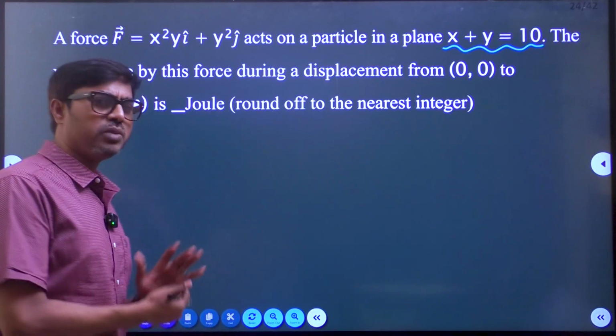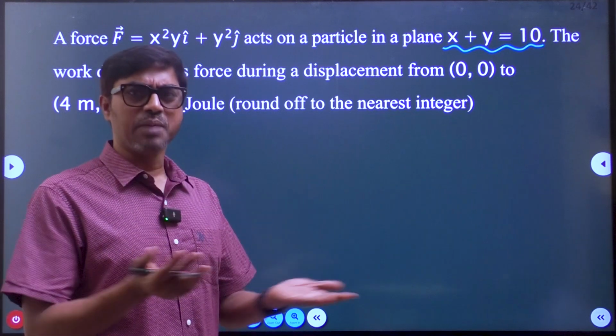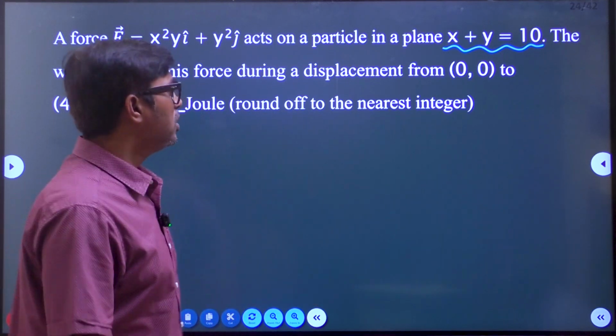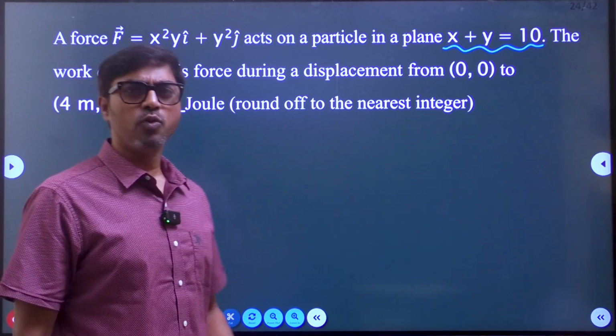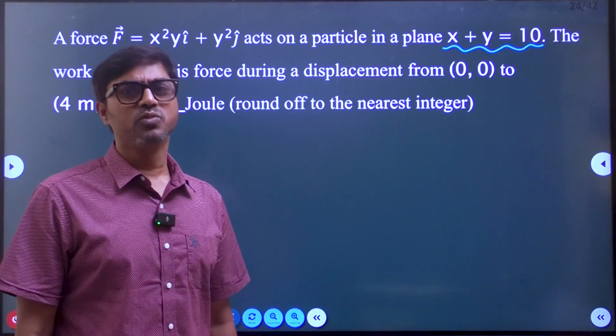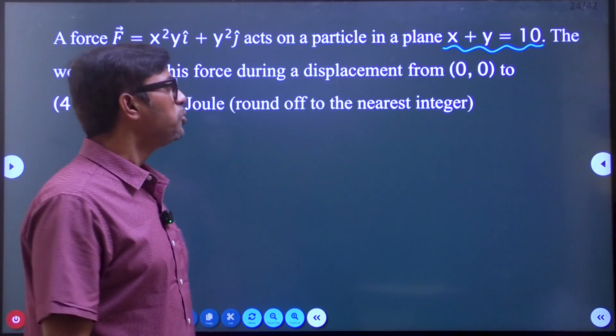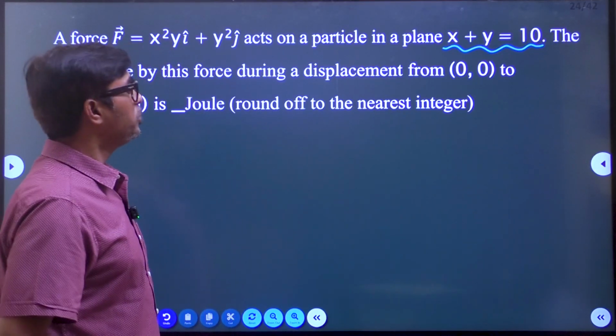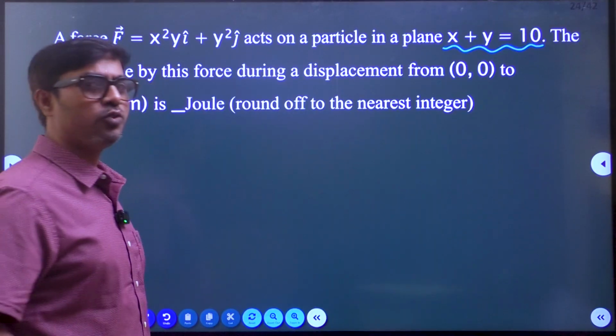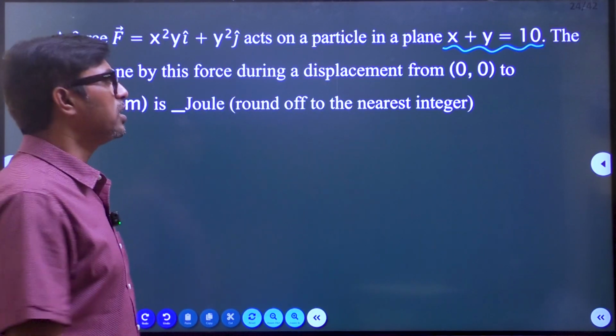See, work done by a force is very important in various chapters, not just in this chapter only. And whenever the force is a conservative force, work done becomes very easy because it becomes independent of path. But when the force is non-conservative, then you need to follow the path and specifically calculate it.